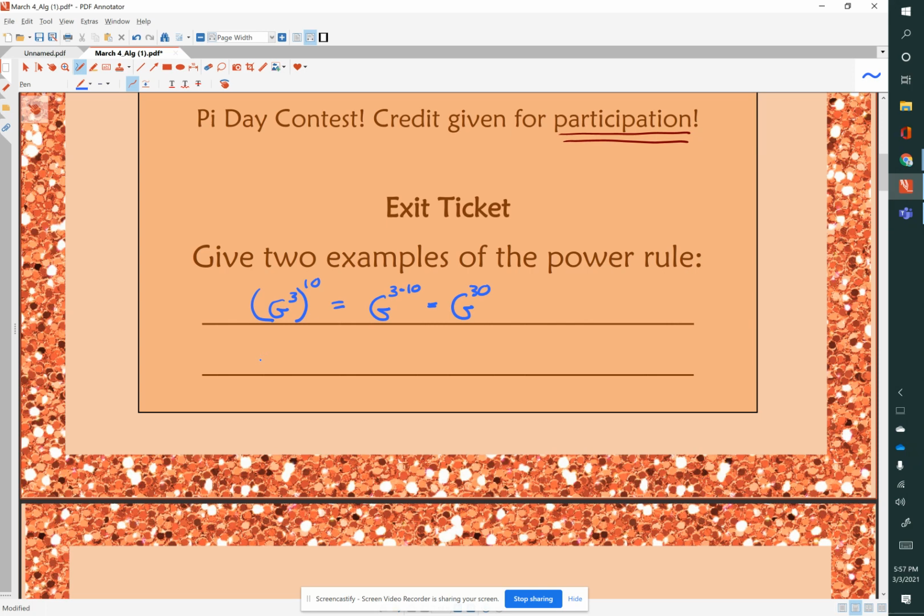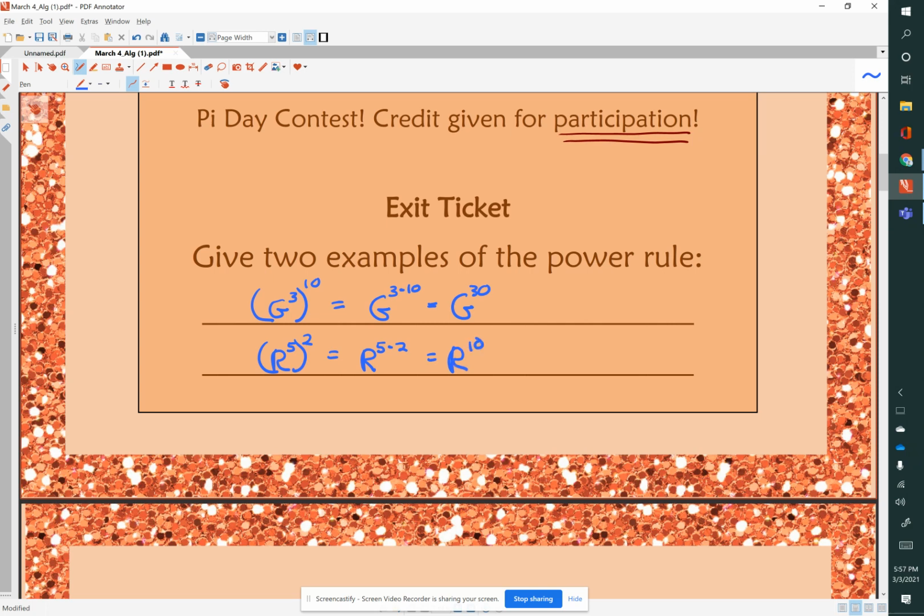Now let's do this with numbers. Let's just save the numbers for later. Let's just do some more letters. Let's do r to the 5th power raised to the 2nd power, and that would equal r to the 5 times 2, which would equal r to the 10th power.